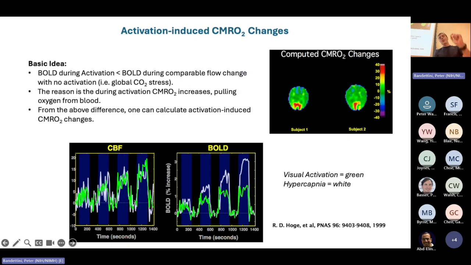Here they're kind of matched, and here there's this big difference, and that difference is due to the increase in metabolic rate. You can map that and create really nice maps of changes in CMRO2 by looking at this calibrated difference. So it's not used that much because it takes a long time, and it's noisy because you're involved in subtraction or division of two maps, but it's still useful if you care about quantitative metabolic rate changes.